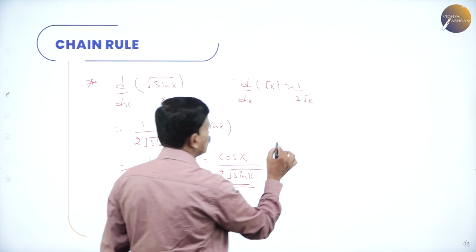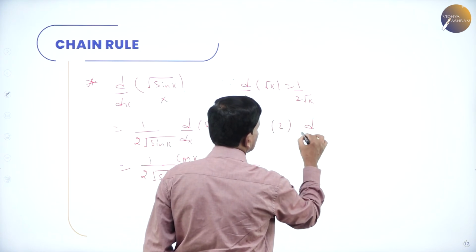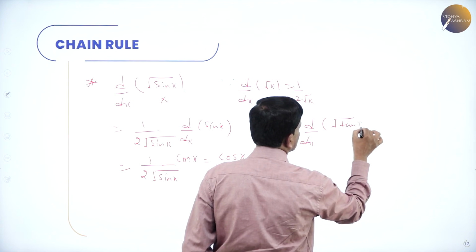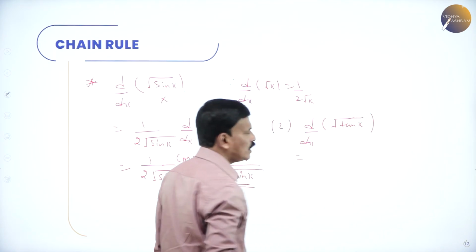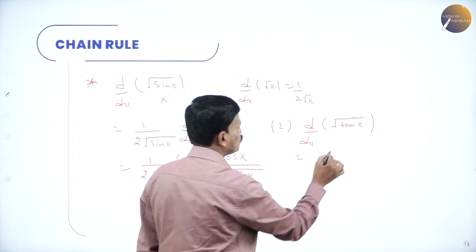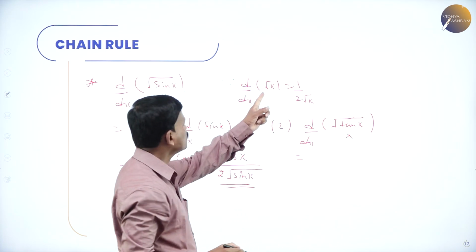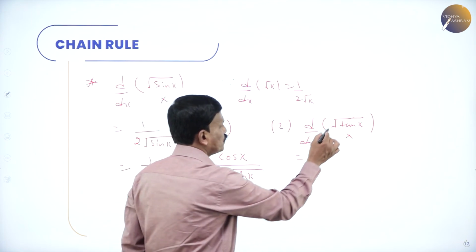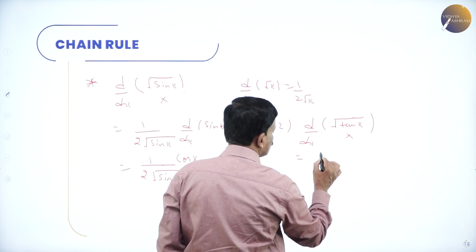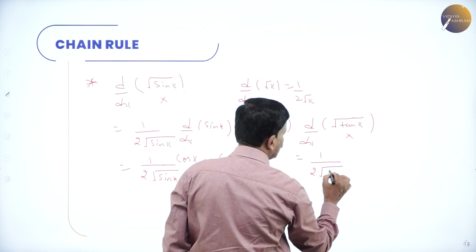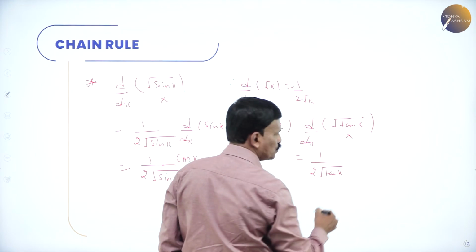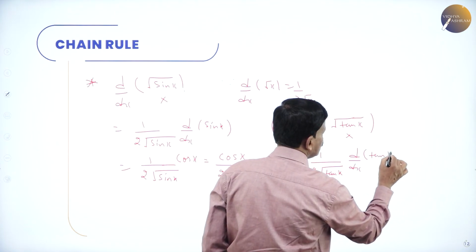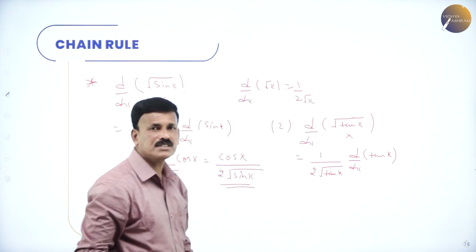Let me take one more similar problem. d by dx of root of tan x. Same type of problem. Let us assume this as root x. What is d by dx of root x? d by dx of root x is 1 over 2 root x. So differentiation of root x is 1 over 2 root x into d by dx of the inside function, that is tan x.